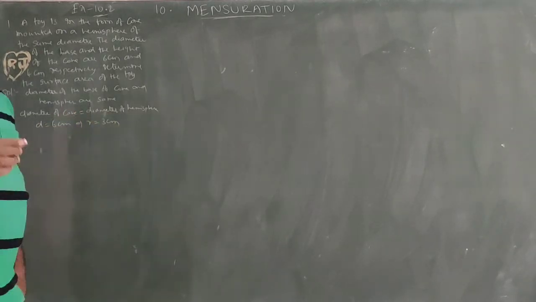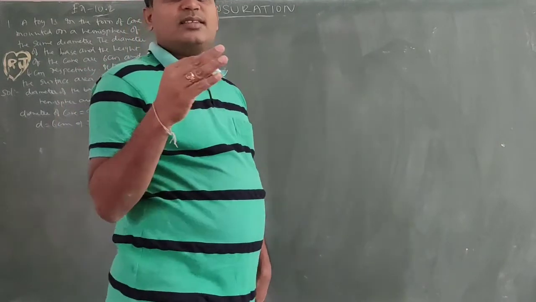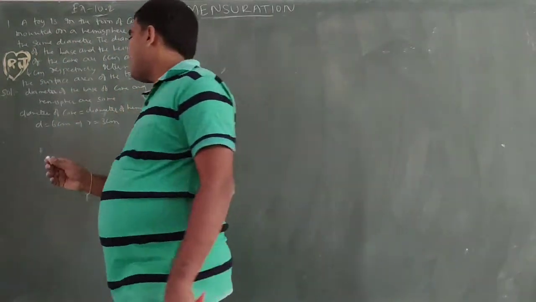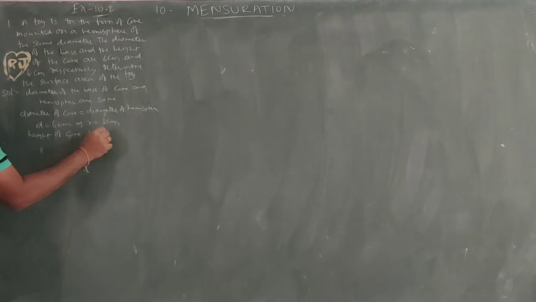This is the radius of the hemisphere as well as the cone. Next, the height of the cone h equals 4 centimeters.